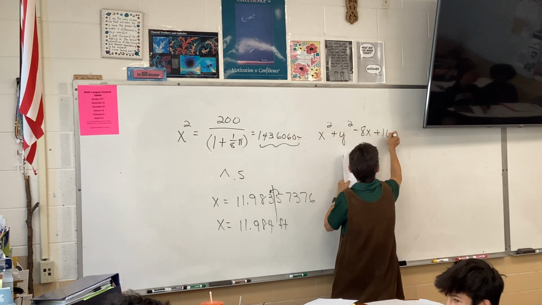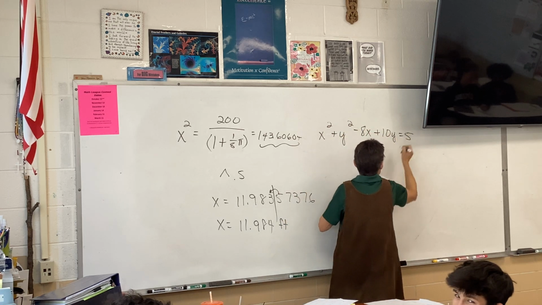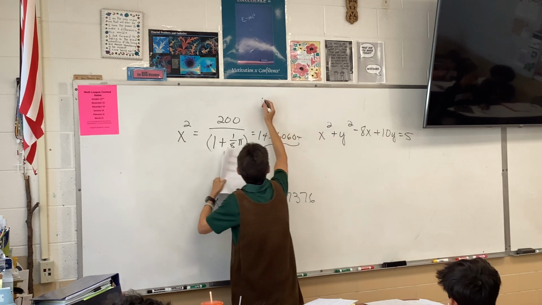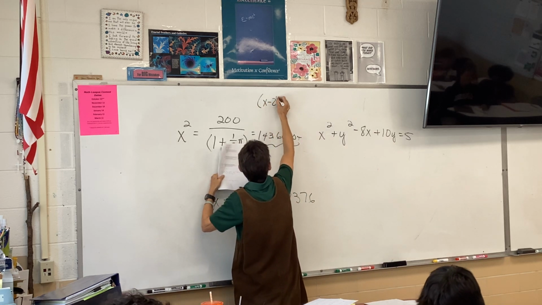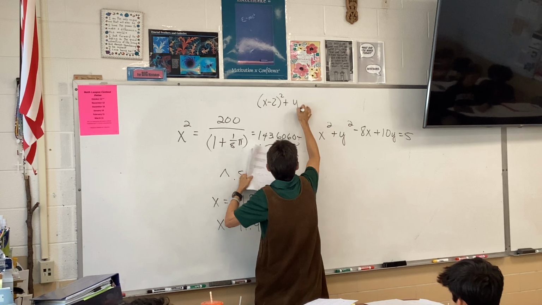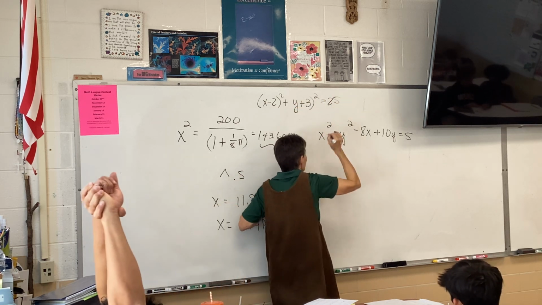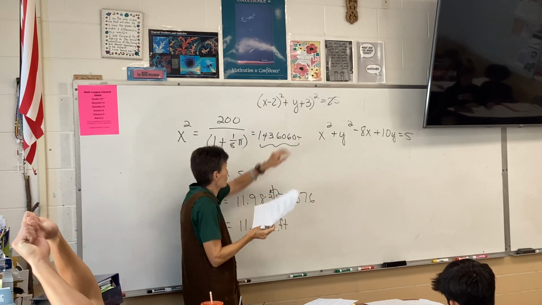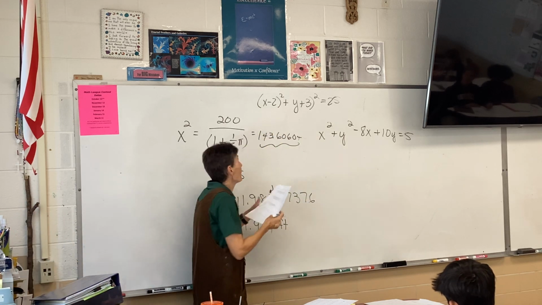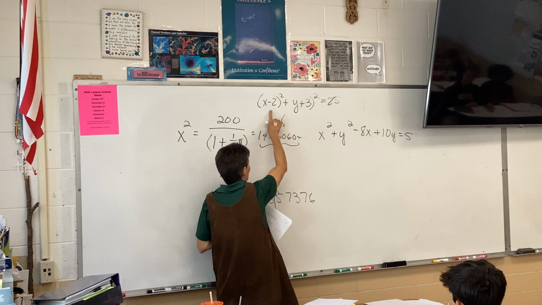Let's review something I know we talked about. If we had a circle that was x minus 2 squared plus y plus 3 squared equals 25, where would the center of that circle be?